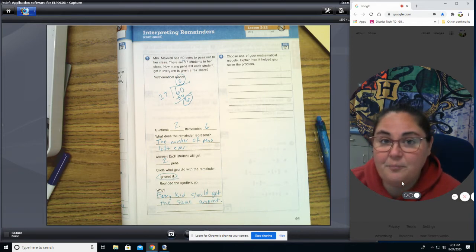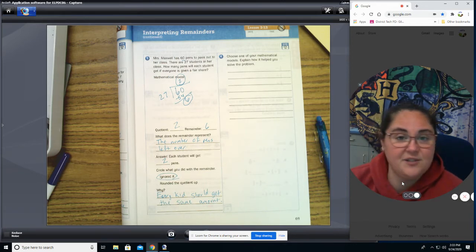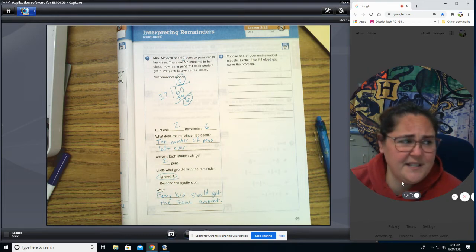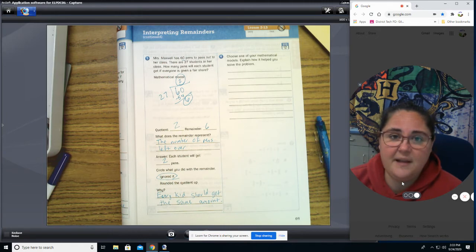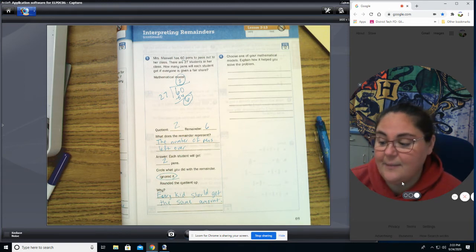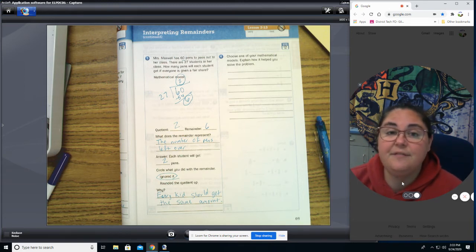Can I have people not going on a trip because there's not enough room on the bus? Or should I order another bus? Can I give random 6 kids extra pens? Or should I save the pens for another time and give everyone the same amount? These are things that you need to think about. If you were in the situation, what would be the fairest way to do it? Okay?